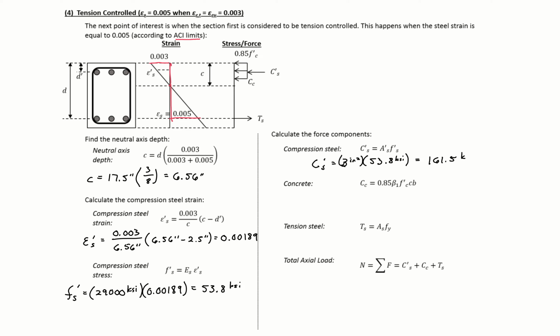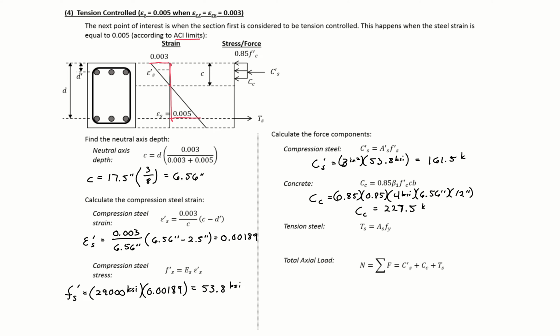So we have 0.85 times beta 1, 0.85 times F prime C times C times B will give us a concrete force component here of 227.5 kips.